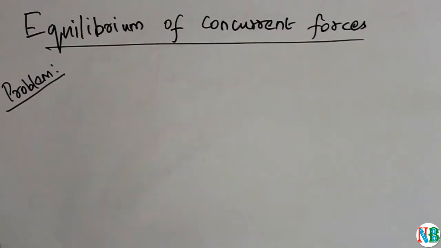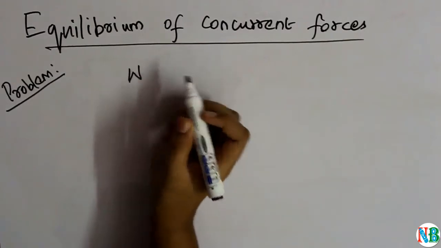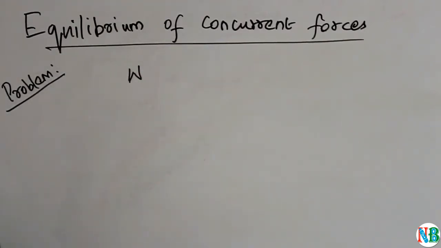This problem gives that information: a block of weight W is suspended from a rope tied to two other ropes at point P, and one rope is horizontally attached to the wall and the other one is fastened to the ceiling, and the angle between the ceiling and the rope is 60 degrees.